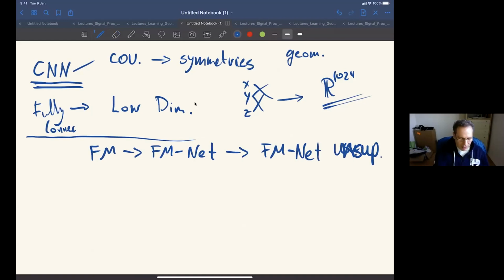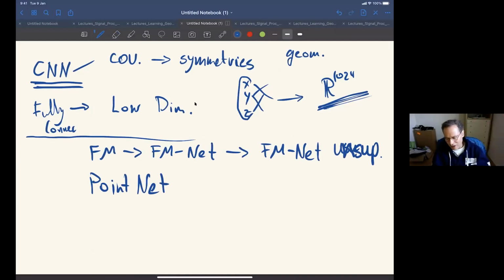At the other end, we have seen PointNet. Just to remind you, PointNet was this network that took x, y, z and lifted them into a 1,000-dimensional space, and then folded all these points in this 1,000-dimensional space by just taking the maximum from each coordinate or the average of each coordinate.